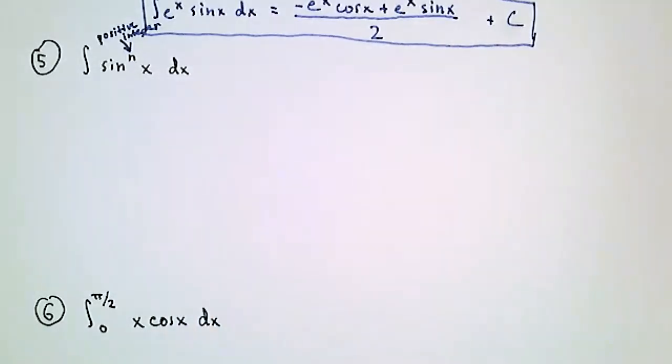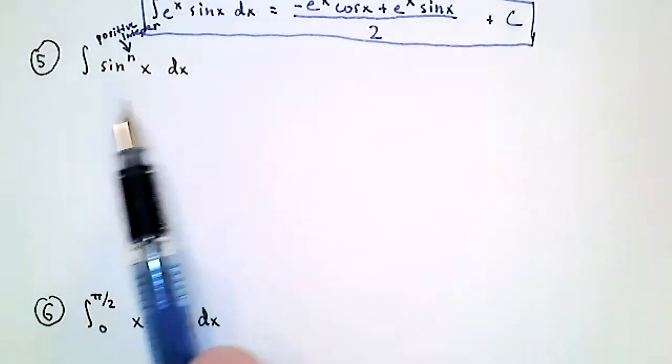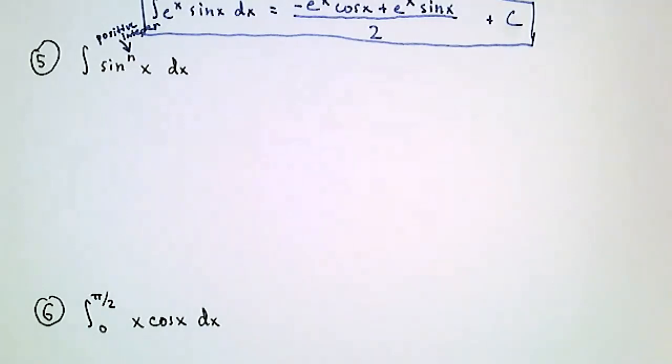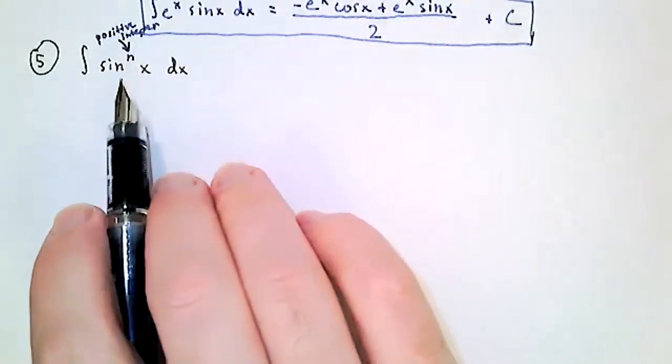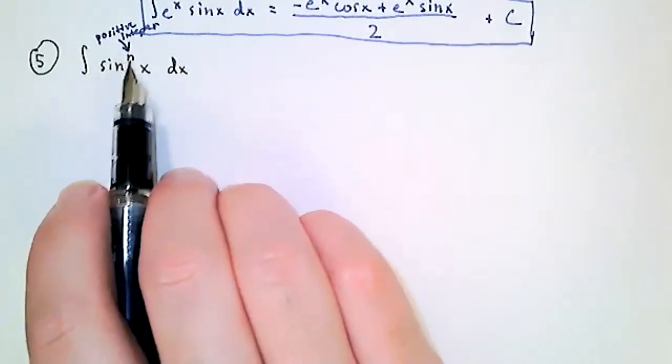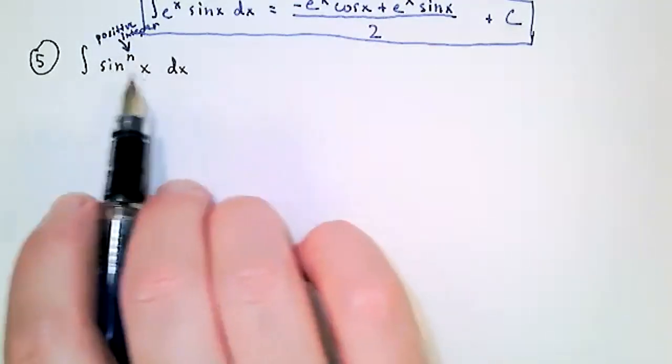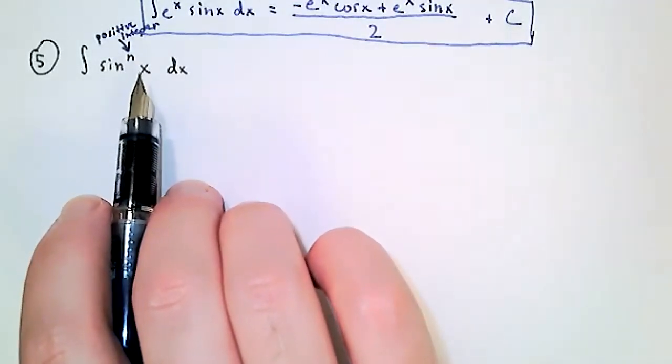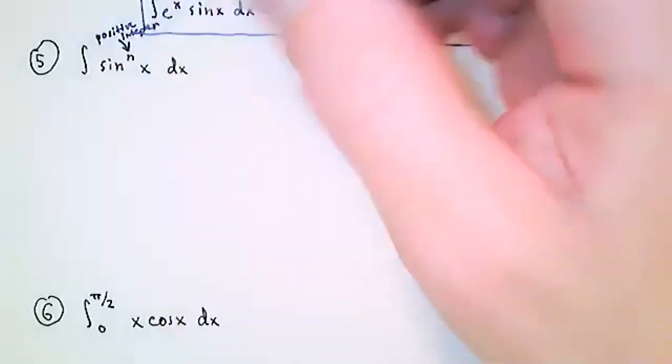But in this case, it's not obvious what functions are being multiplied together. But we have to remember what powers really mean. So if we have a power of n, that means we're multiplying sine of x by itself n times.